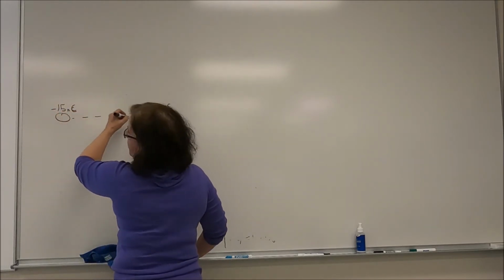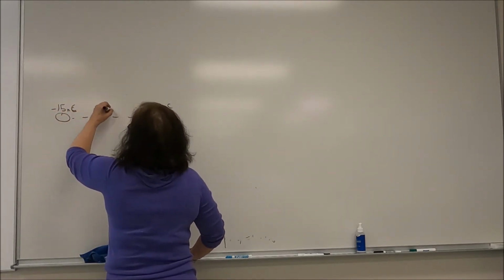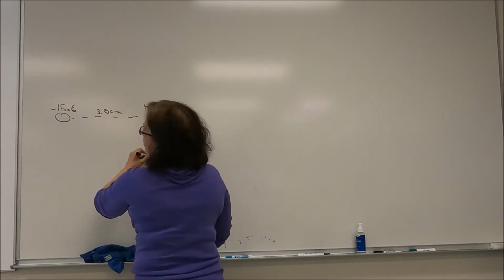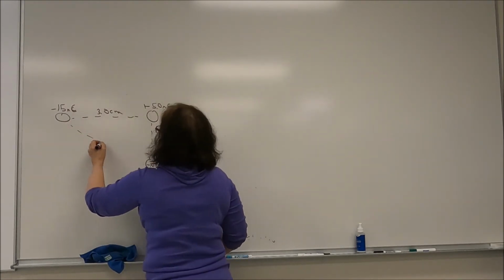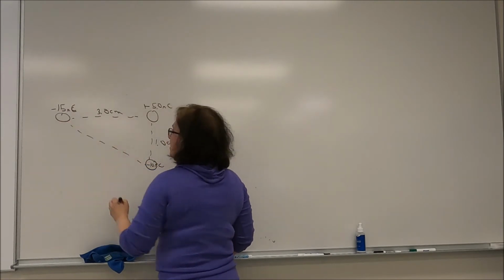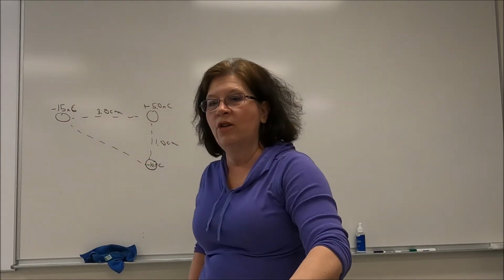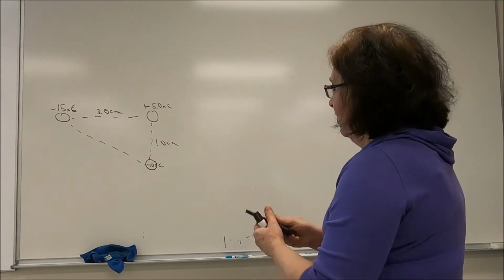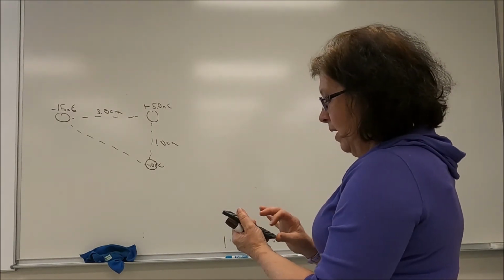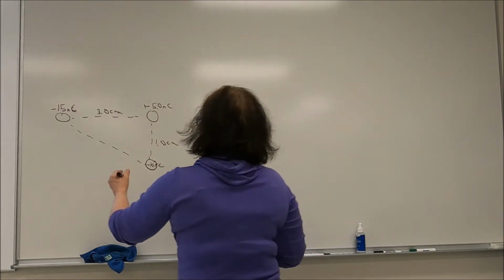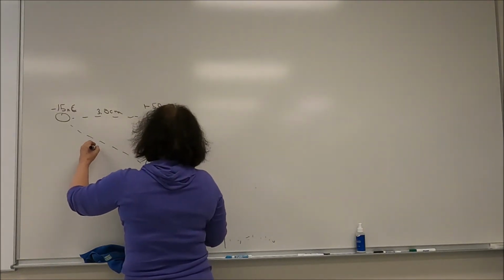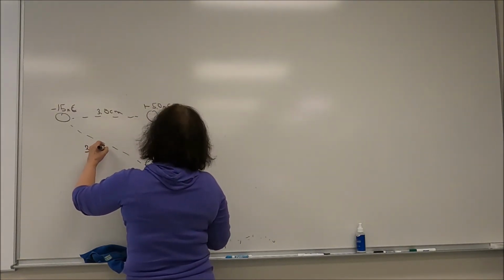This distance is 3 centimeters. This distance is 1 centimeter. One of the things I need is this distance. So the first thing I'm going to do is get that distance. So 3 squared plus 1 squared, square root. This is 3.16 centimeters.